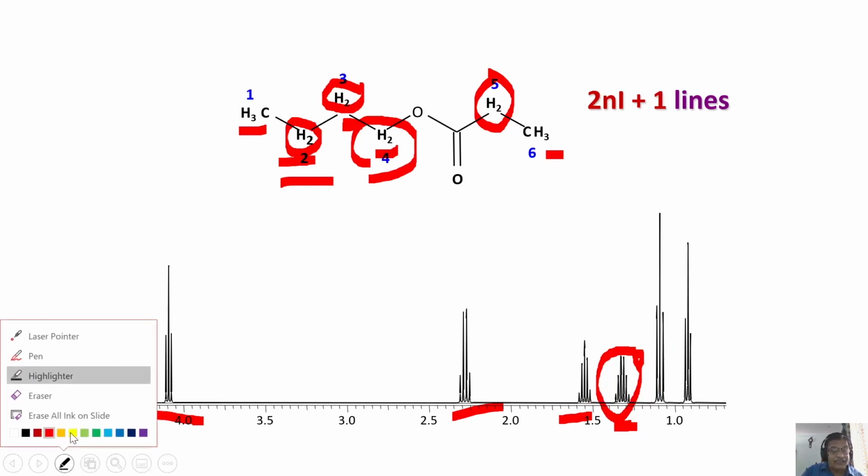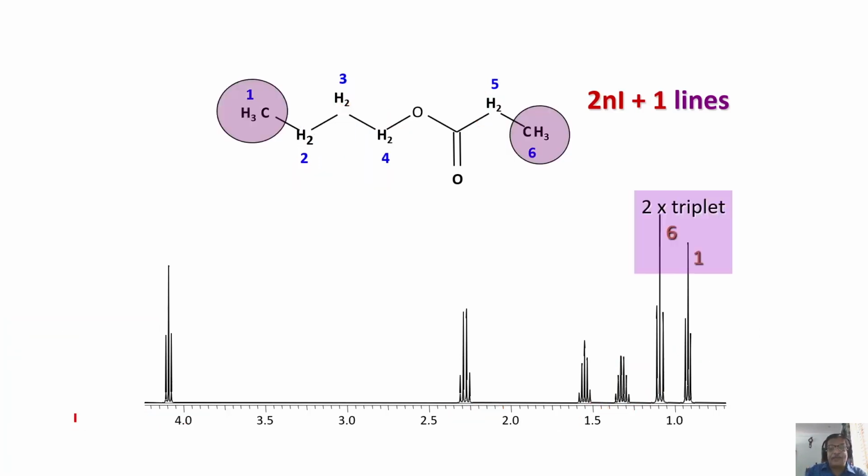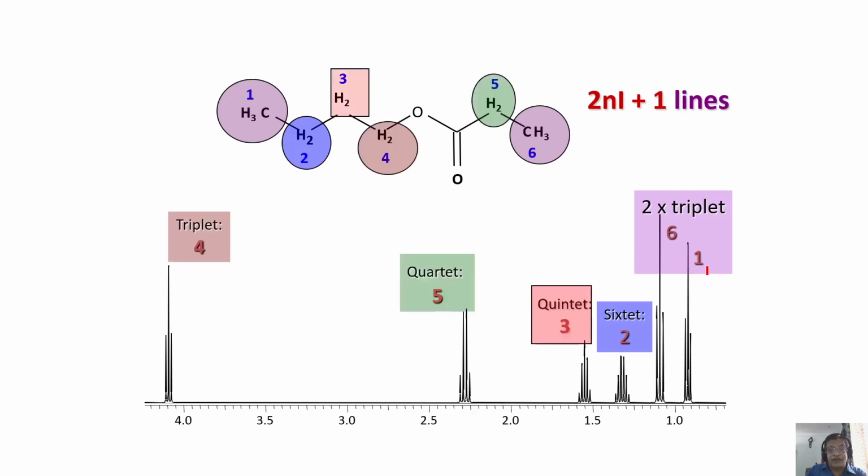That way, you can easily assign. So now assignment has been made, and I said this is 6 and this is 1. And this will be a sextet. And this is a quintet. And this is a triplet. And this is a quartet. So in this molecule, you get triplet, quartet, quintet, sextet, everything you have observed here.